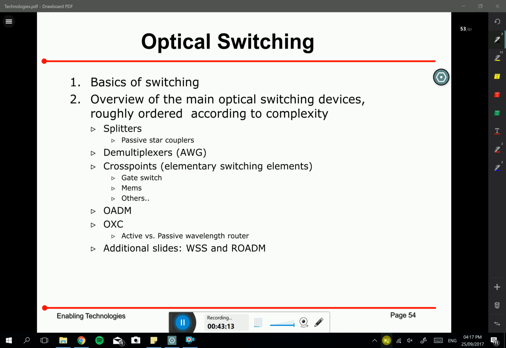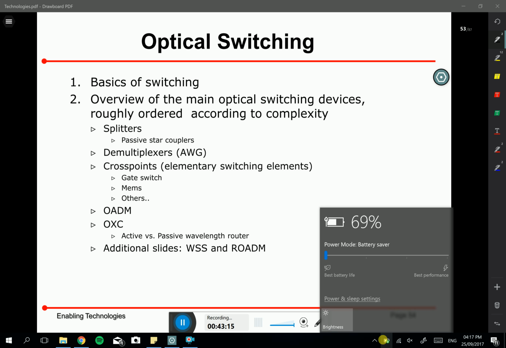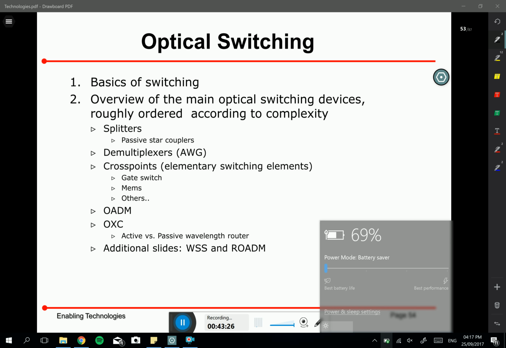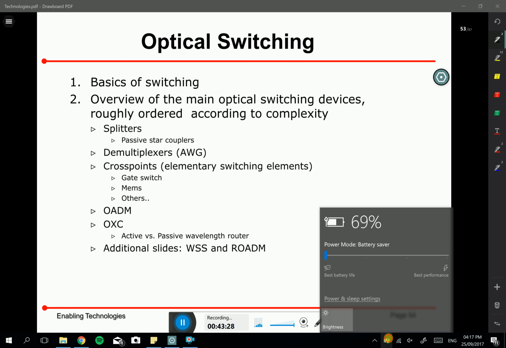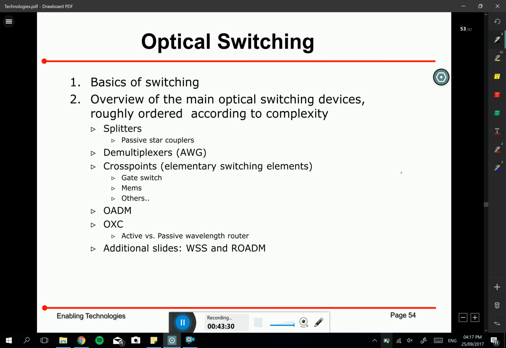And you are used to seeing networks like IP or Ethernet networks, where you have these elements typically represented like this.